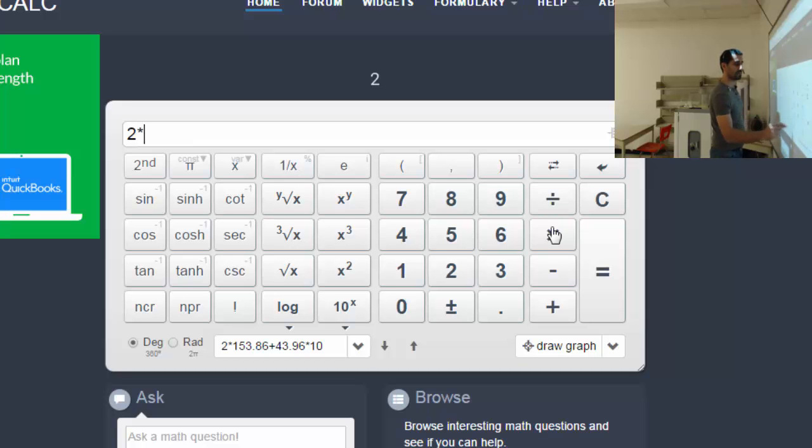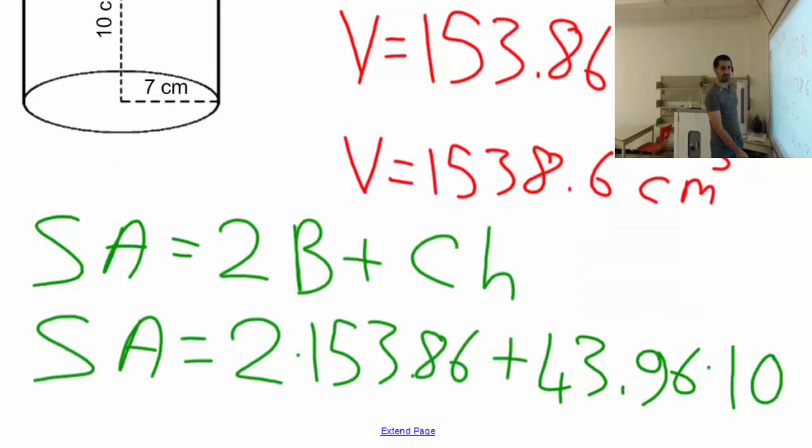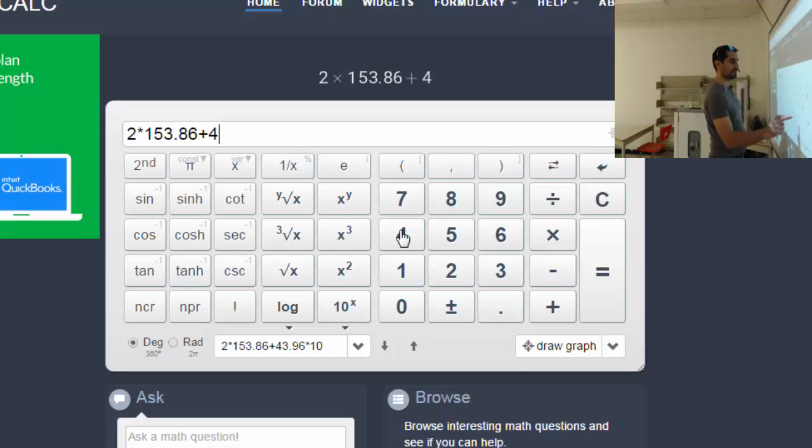2 times 153.86 plus the circumference 43.96, 43.96 times 10.